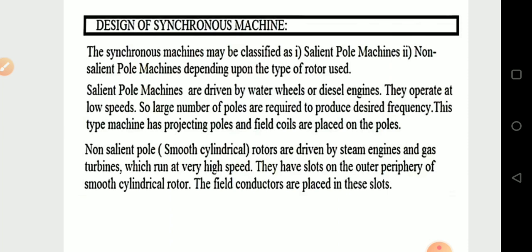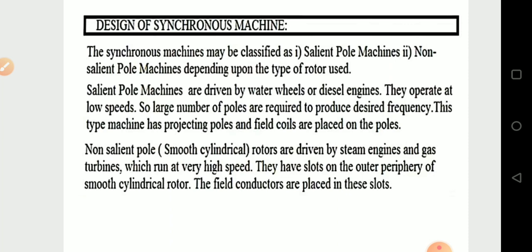They are useful for low speed applications, approximately around 400 rpm.